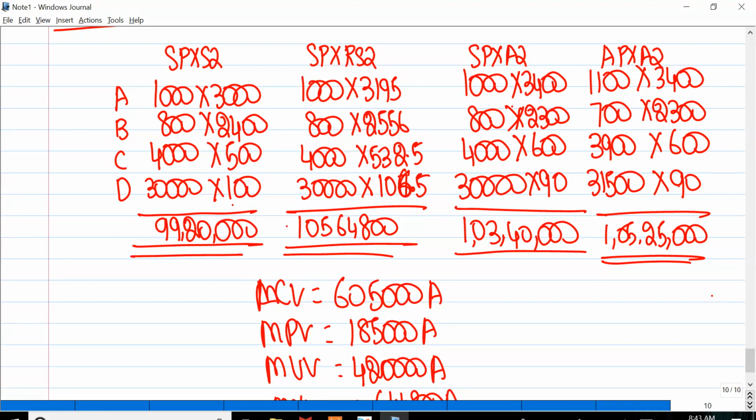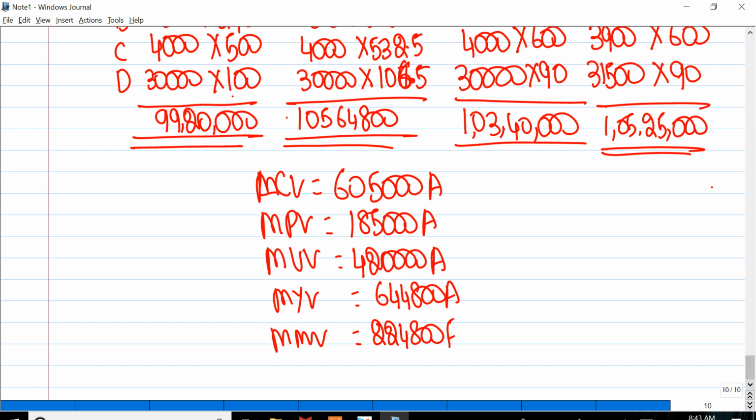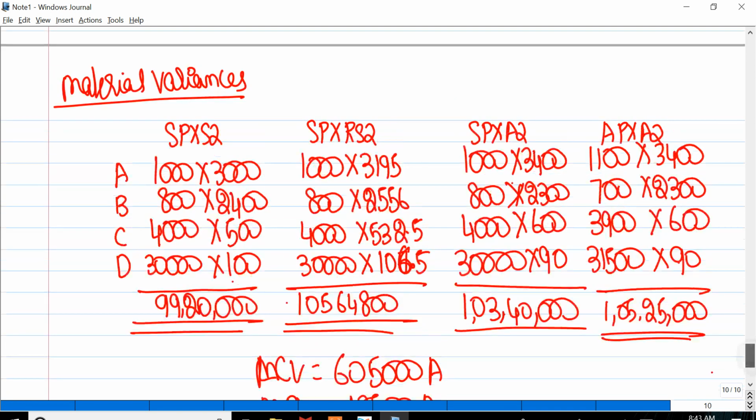Any doubts on the material variances? Any doubts on the material variances? First column, third column and fourth column should be same for everyone.